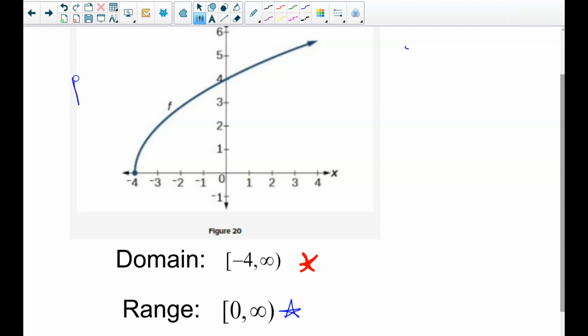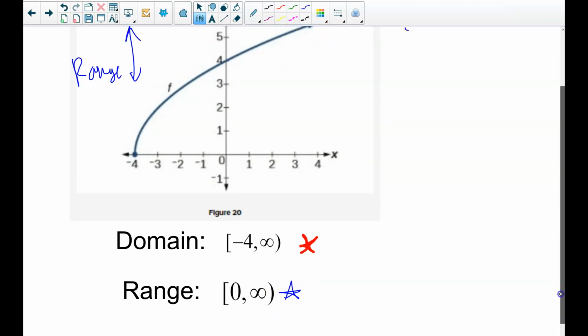Range represents your y values, so that's going vertically up and down. So my lowest value is the one where I want to start, closed point at 0, and then it continues on in that positive direction, so it'd be to positive infinity with a parenthesis as well. We can list that out.